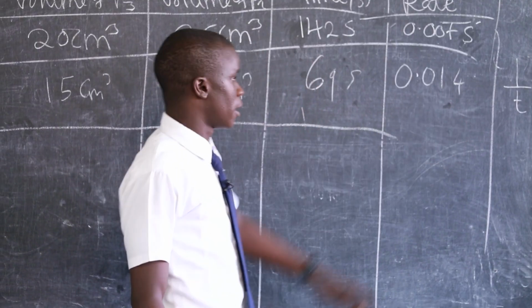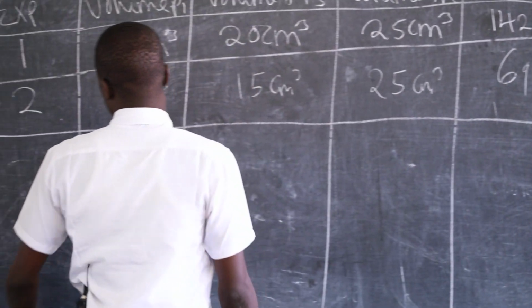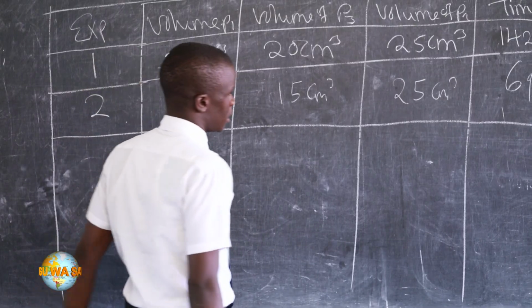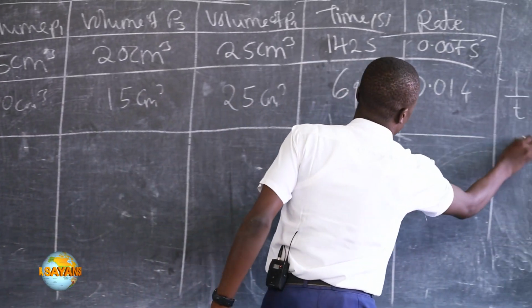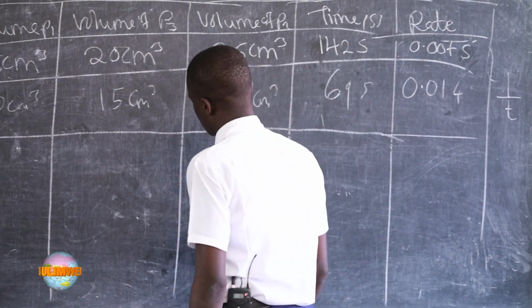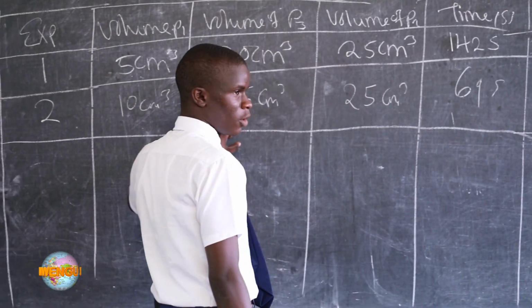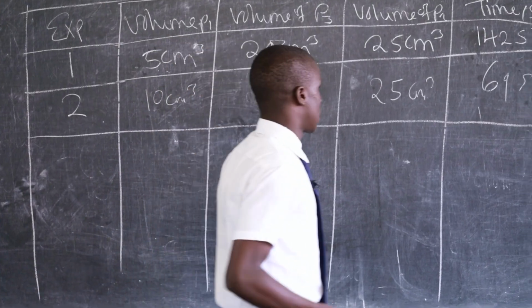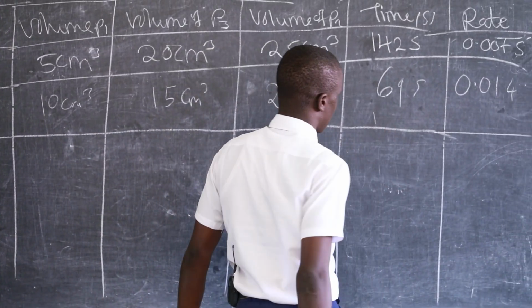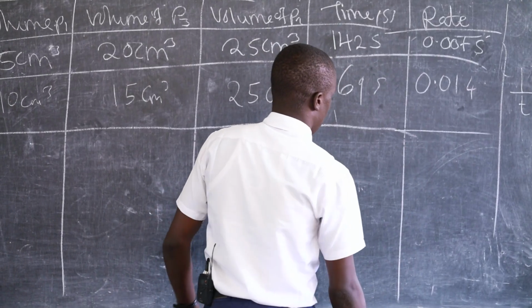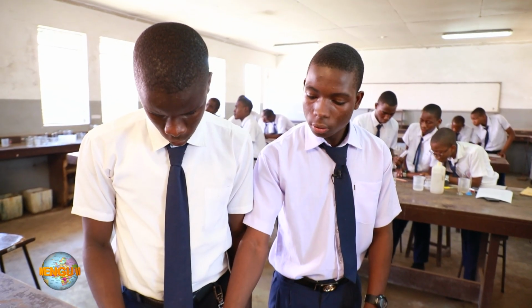So this implies that as you increase the volume of sodium thiosulfate, the rate of chemical reaction also increases. Also, as the volume of water decreases and the time decreases, the rate of the chemical reaction increases. That was group number 2.